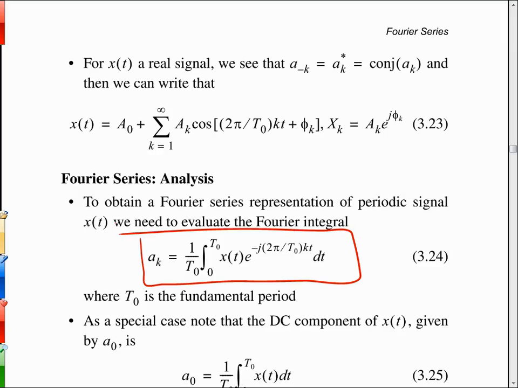If we want to analyze a periodic signal and break it down into its Fourier components to know how strong is the fundamental, how strong is the second, third, fourth, fifth harmonics, and so on, we have to go through this integration. And this integration gets to be kind of tedious because the functions that you can plug in there for x of t and with a complex sinusoid are just tedious to integrate. The math just gets bothersome.